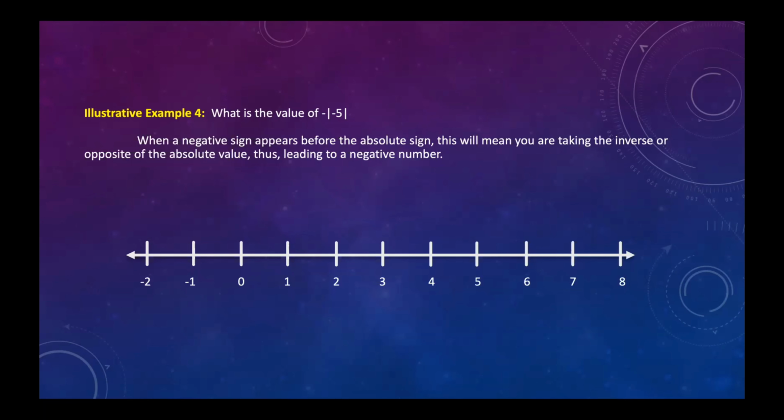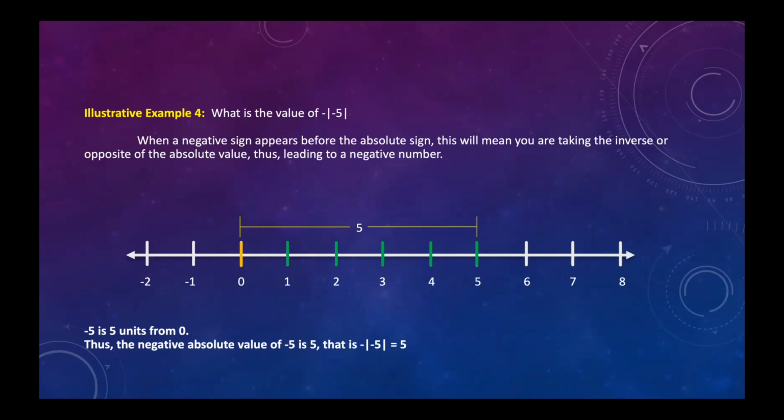Pero since ang value natin is negative 5, tapos may negative siya, imbes na pumunta tayo sa left side, which is the negative side of the number line, pupunta tayo sa kanan. So, negative 5 is 5 units from 0. So, thus, the negative absolute value of negative 5 is 5.